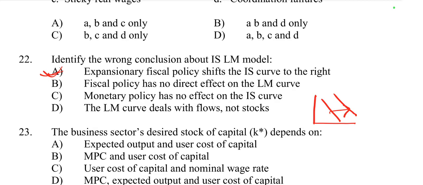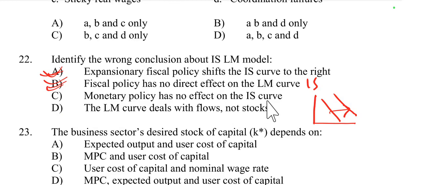Then option B, fiscal policy has no direct effect on the LM curve. This affects the IS curve, not the LM curve, which is correct, because fiscal policy has a direct effect on the IS curve, not the LM curve.